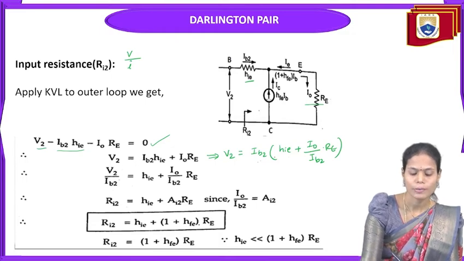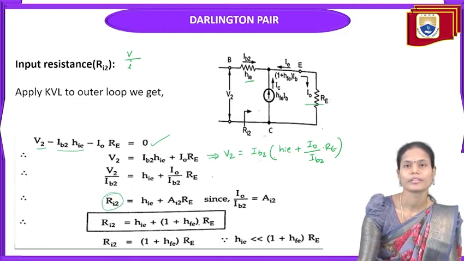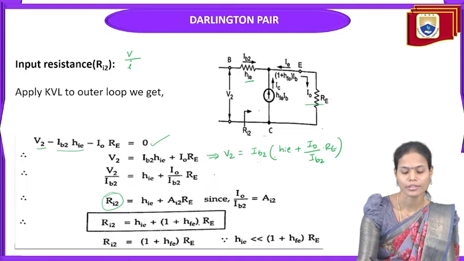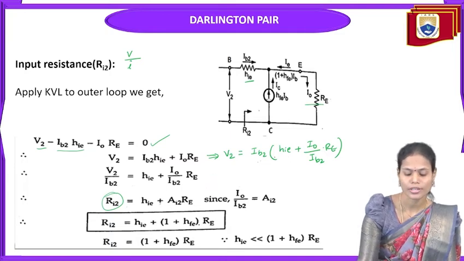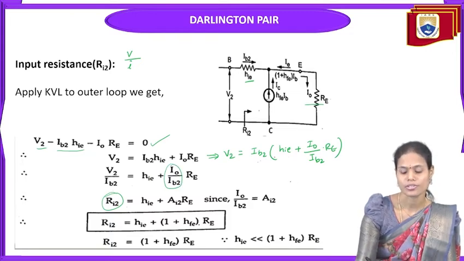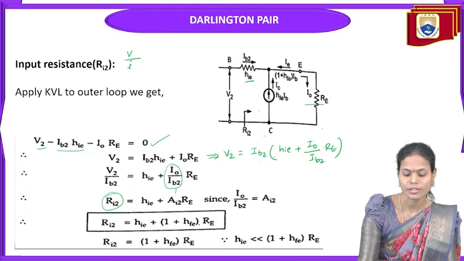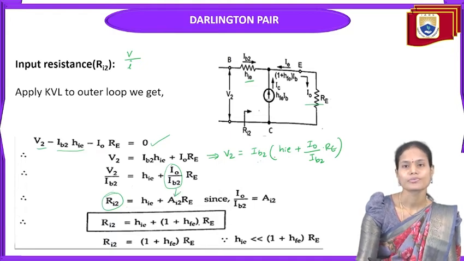Here V2 by IB2 is nothing but the input impedance or input resistance, equal to HIE plus, and again I0 by IB2 is nothing but the current gain of the second stage. So we can replace this term with AI2, giving HIE plus AI2 into RE.